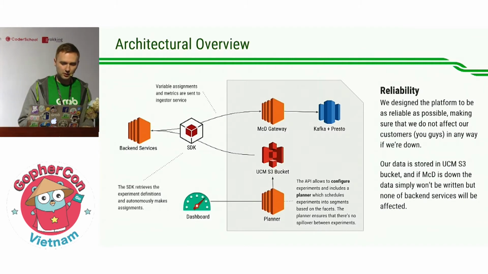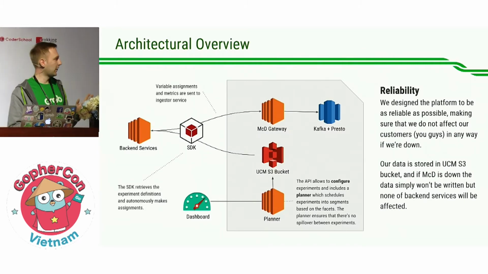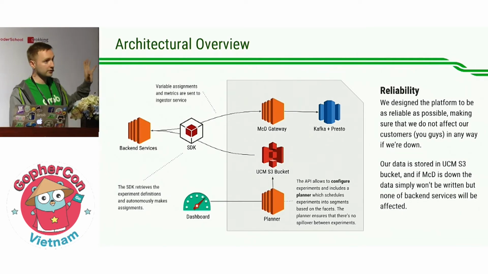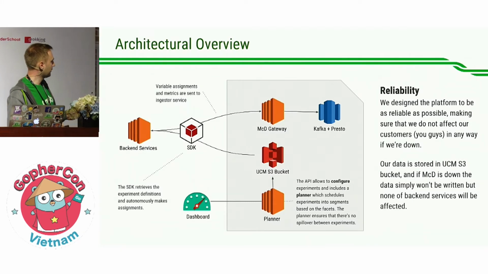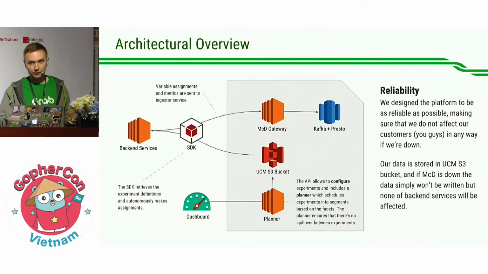Right. So in a very, very high level architecture, that's how it looks. We have our SDK, which resides in all the backend services. We have our configurations, our JSON definitions, which live basically in S3.